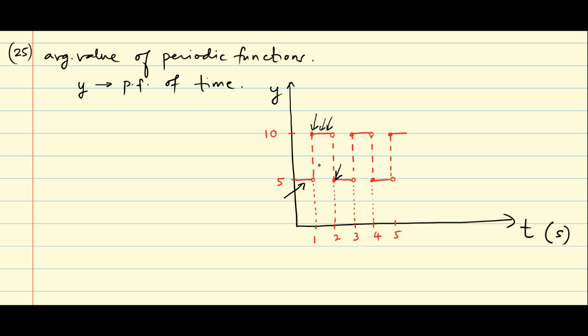So the variation of y between 5 and 10 units, which occurs in 2 seconds, is one particular cycle of this periodic function y.